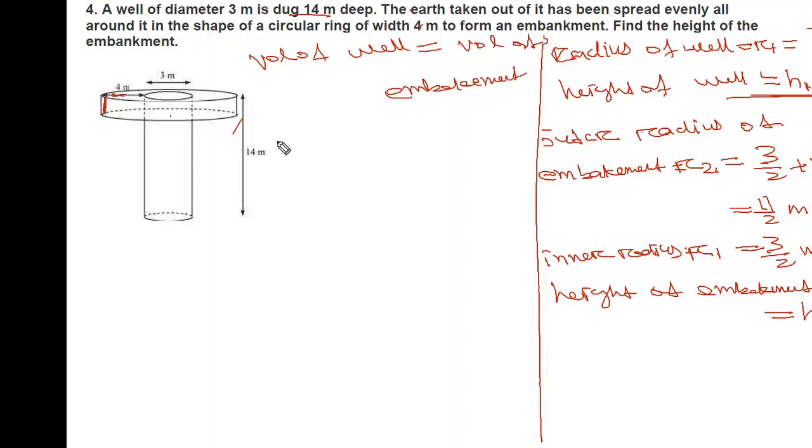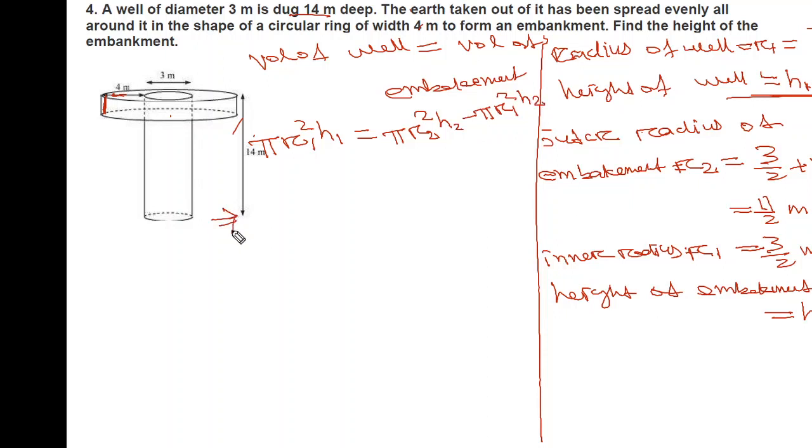So volume of the well will be equal to pi R1 square H1, which will be equal to the volume of the embankment. Here we have 2 radii, so it will be pi R2 square H2, that is the outer radius, minus pi R1 square H2.